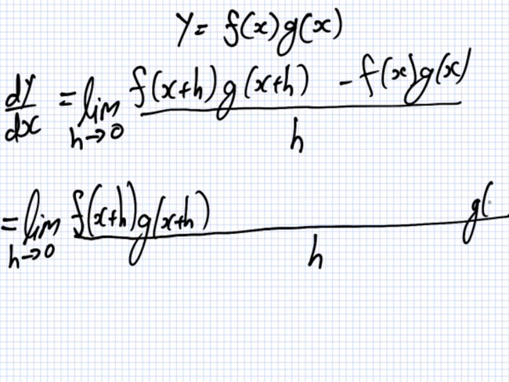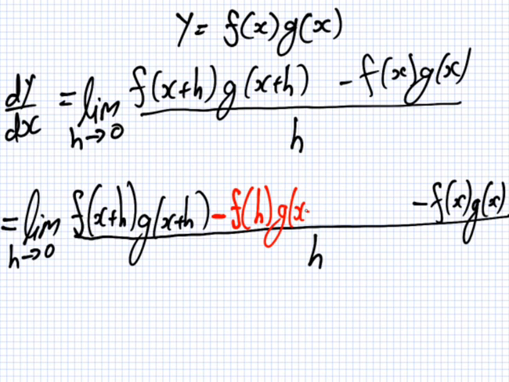Okay. So let's try and find a rule for when we have a product, a multiplication. So we have, let's say, y equals f(x)g(x). Now, do you remember the derivative?